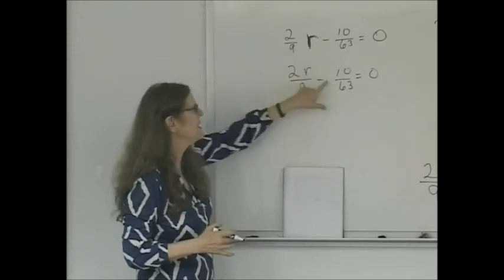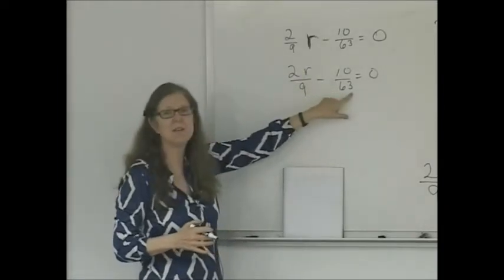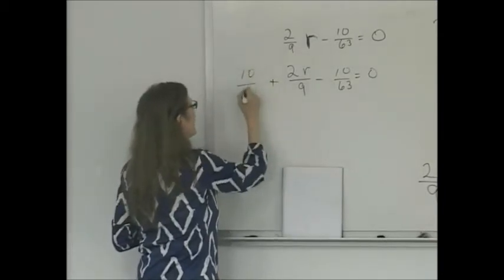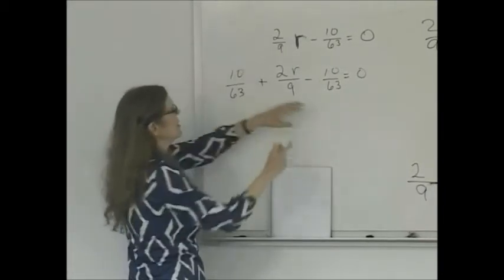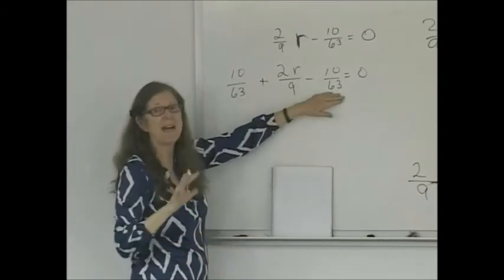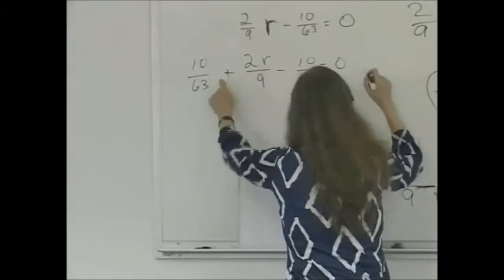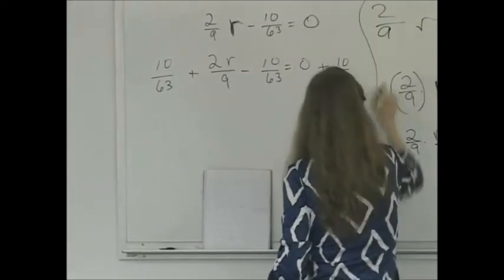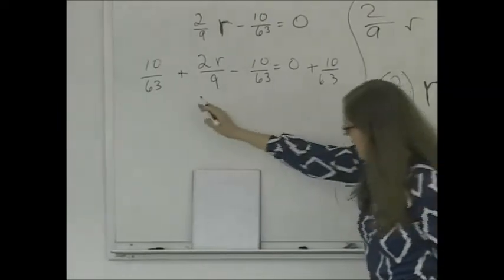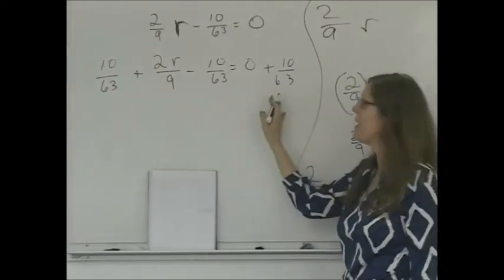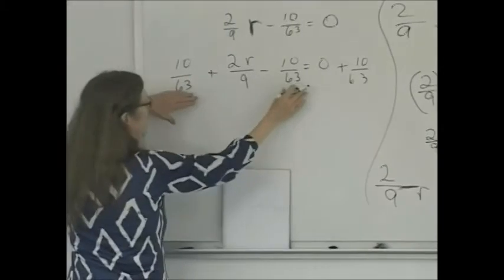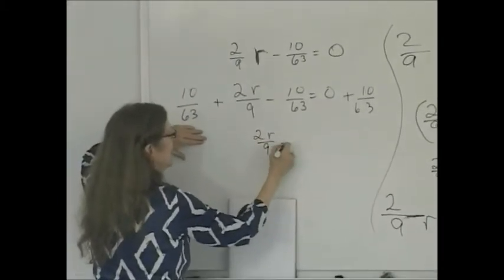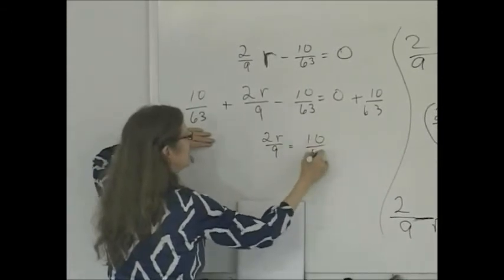So if I've got this take away 10/63, if I add 10/63 to both sides, this take away 10/63 will add to 0. If I add it to one side, I've got to add it to the other side. So this now adds up to 0, leaving me with 2r over 9. And that equals 10/63.